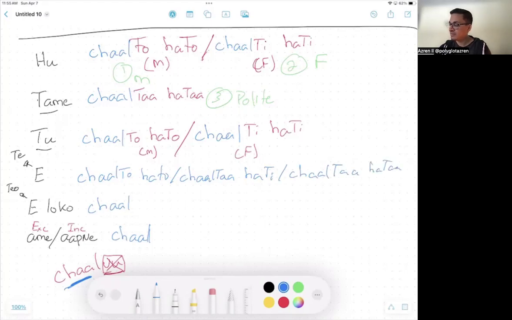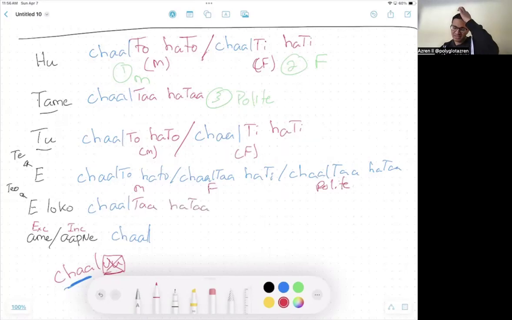Again, that's masculine, feminine, and this is polite. Okay. For the plural, if we go over here, let's use the same colors: chal ta hata.